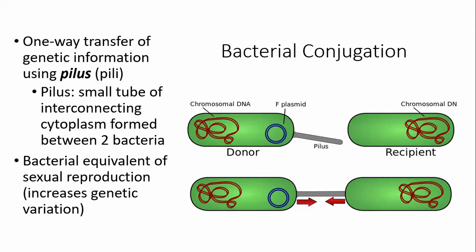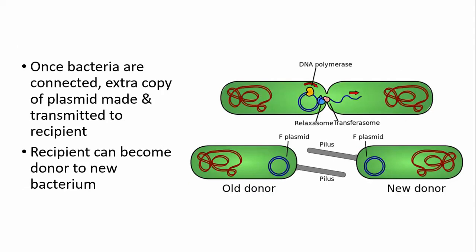That plasmid has any number of genes on it, and those genes can then benefit that bacterium. Then once a bacterium has a plasmid, it can transmit it to any other bacterium that it is compatible with.